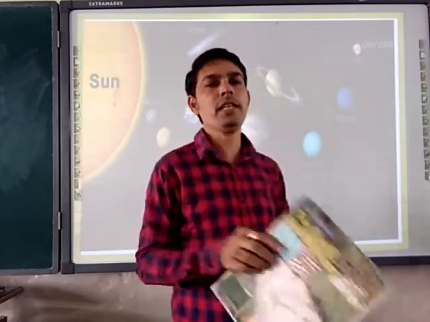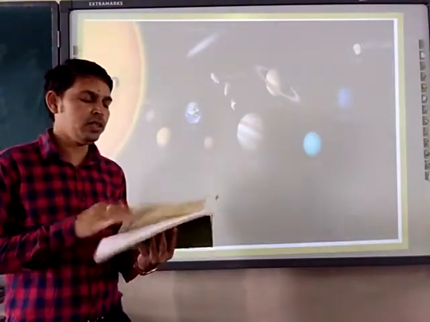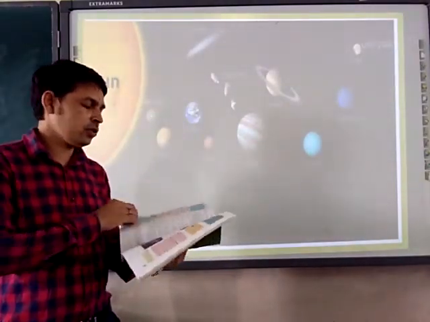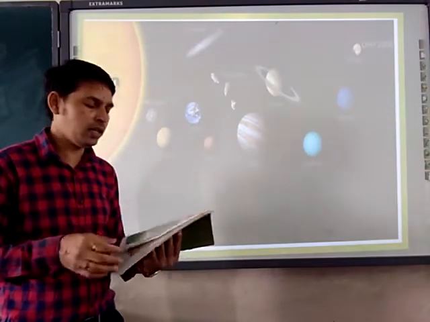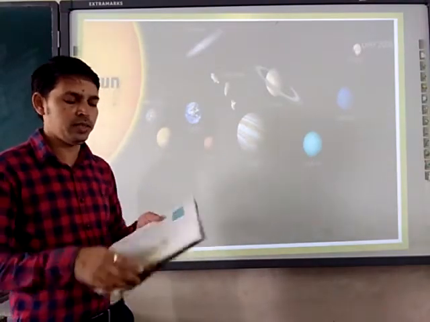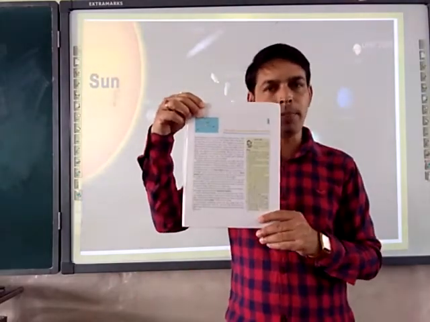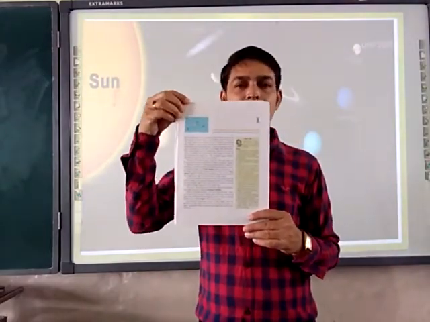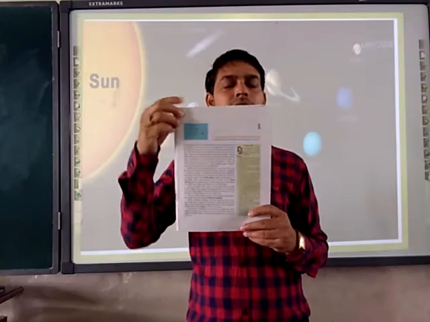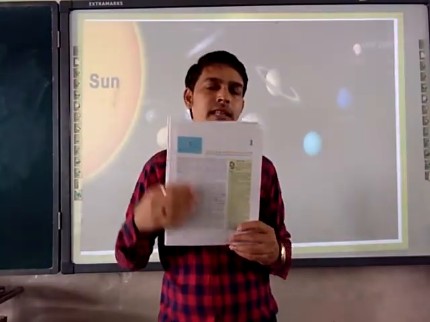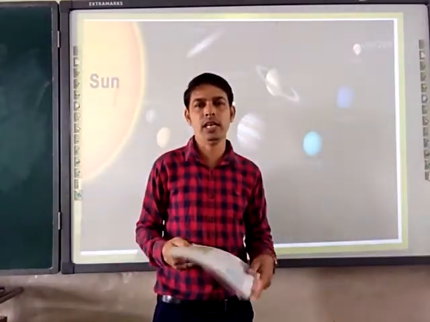In it, we are going to study the first chapter, the Earth in the Solar System. Those who already have the textbook can read the chapter and be ready for the class. Those who do not can have it in PDF form, and then we can have a discussion on that.